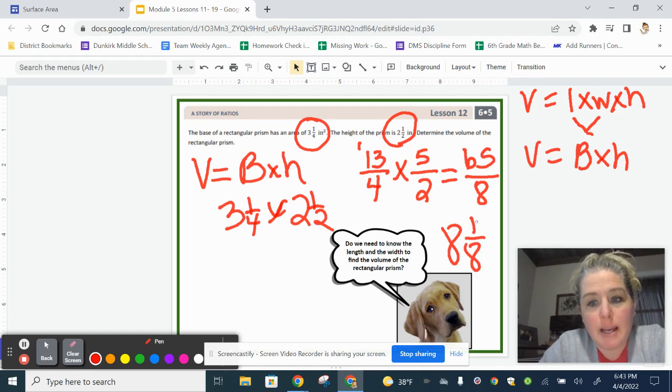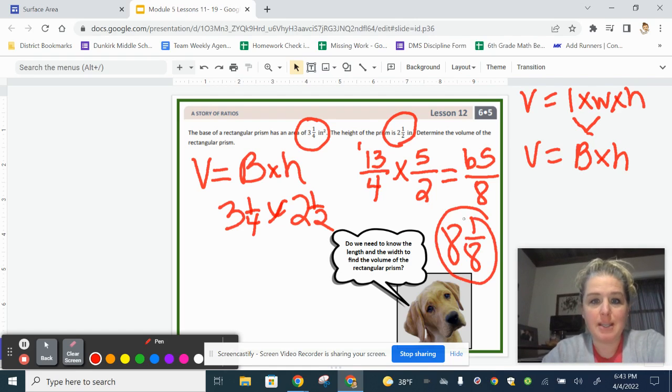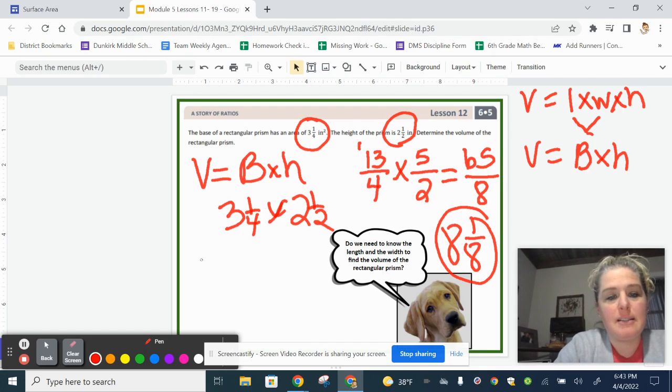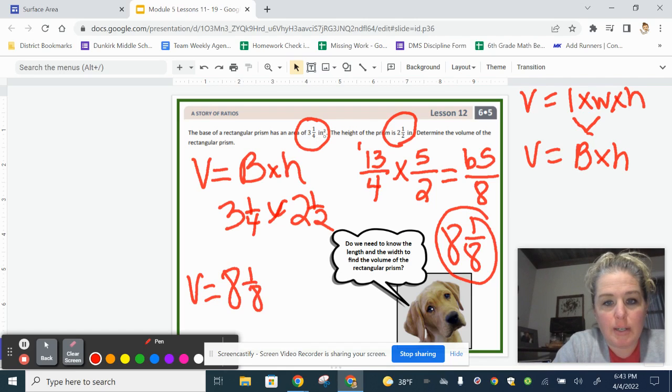So now, I got this number. What does this represent? Well, we knew earlier that I had the area of the base, the length and the width, and then I multiplied it times the height. So I was looking for volume, and now I can say the volume is 8 1/8. We're looking at inches.